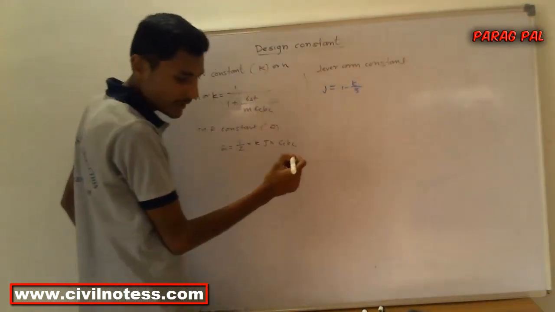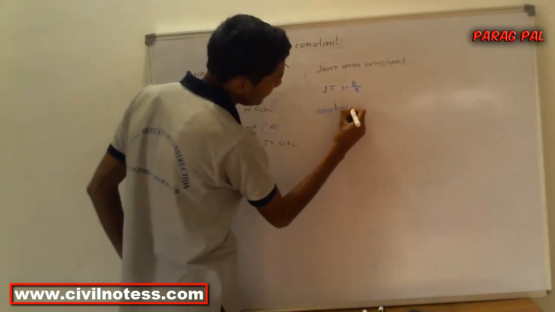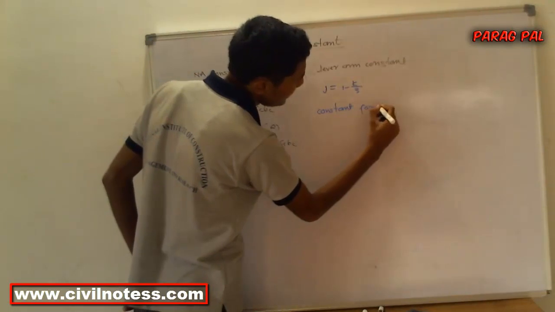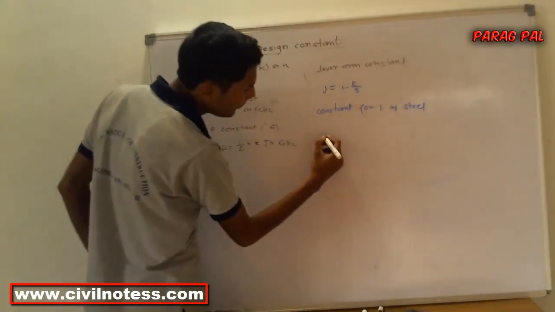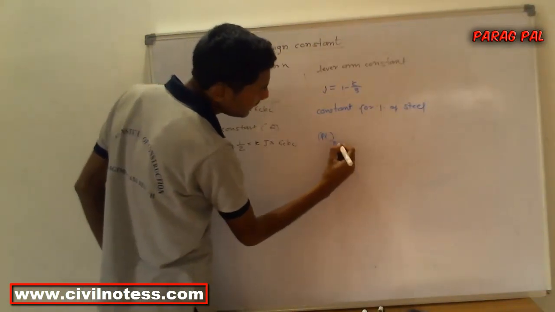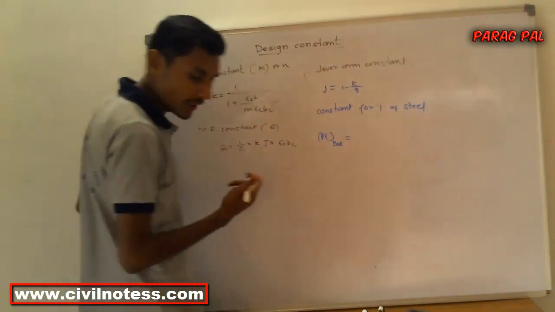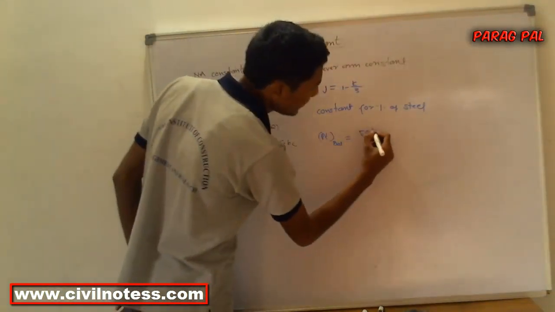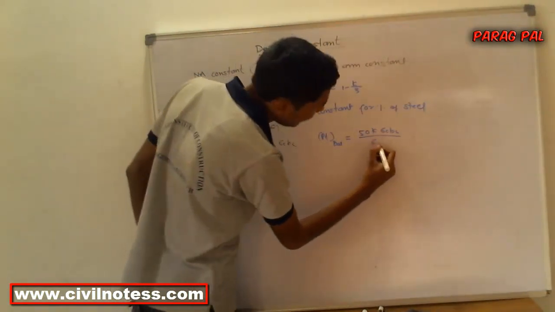Another is the constant for the percentage of steel, the pretty balance, sigma CBC upon sigma SC. These we have to use while solving numericals.